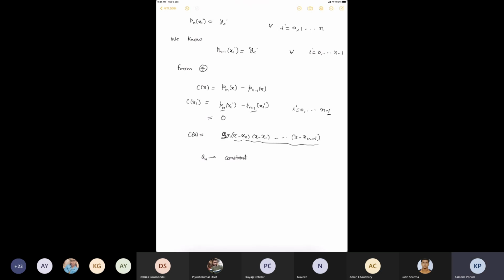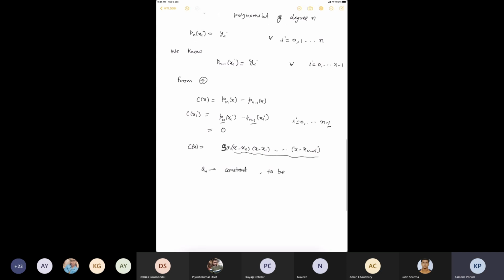And how do we determine that? We know that we are left with one condition here. We want that Pn at xn should be yn, right?